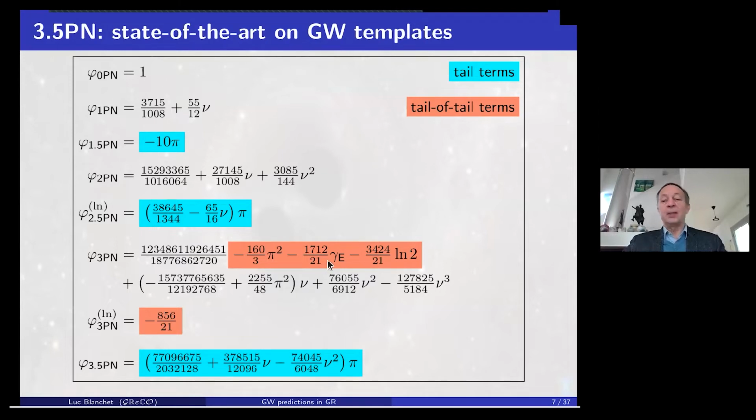And this is still measurable, but not for the moment with very good accuracy by LIGO, Virgo. And I will discuss at the end of the talk the generalization of this state of the art at the next approximation, 4 PN and 4.5 PN order.